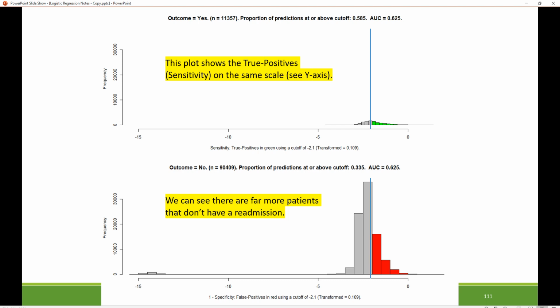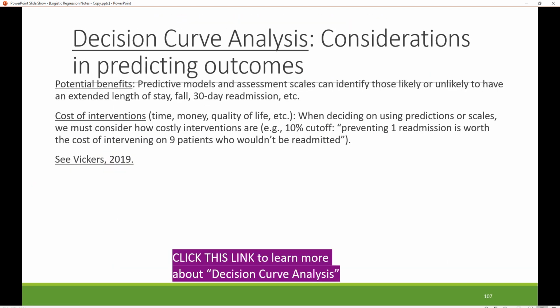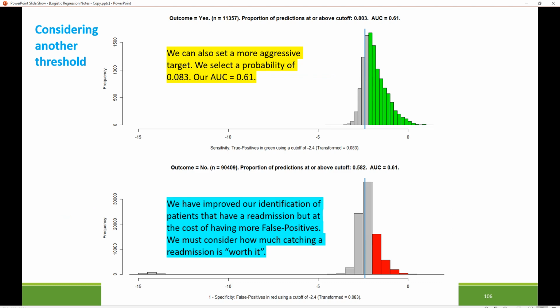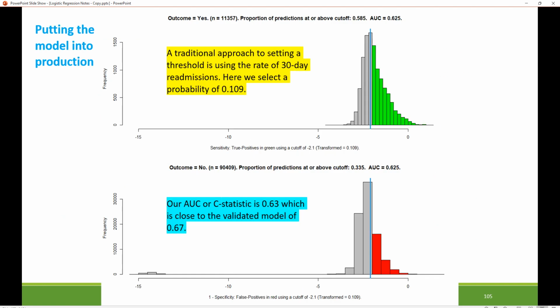Okay, so that's it. In this last session, we looked at different ways of implementing a model. We thought about setting different thresholds. We initially went with the prevalence rate, which for this sample was 0.109. That's a traditional approach.